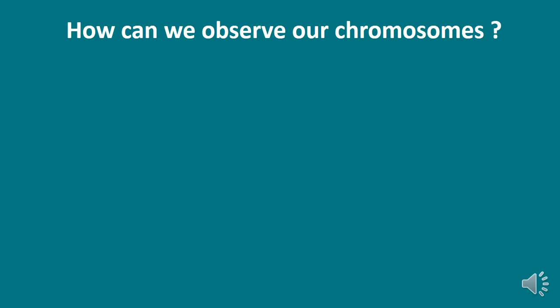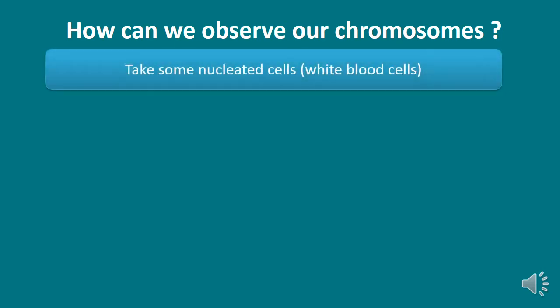If we want to observe the chromosomes in our cells, what should we do? We have to first take some nucleated cells. So we can very easily take a sample of blood and isolate the white blood cells by centrifuging the sample.